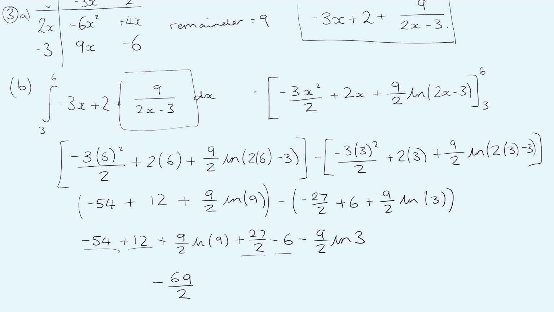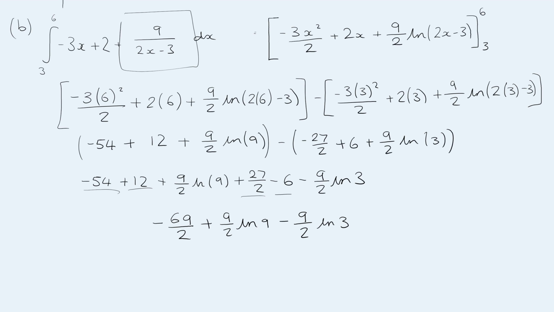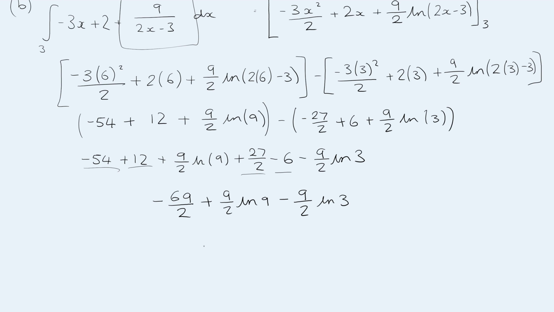No problem at all. But from there, I've got to add on these two. So I've got 9 over 2 ln 9 minus 9 over 2 ln 3. And obviously that's not what the question asks. It wants a single logarithm. So what you've got to remember from core 2 is that ln 9 can be written as ln 3 squared, and then bring the squared down to the front using the third law of logarithms.